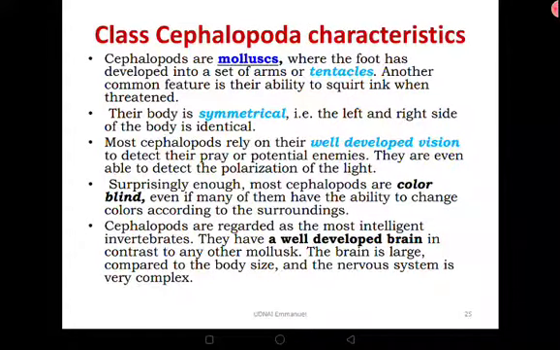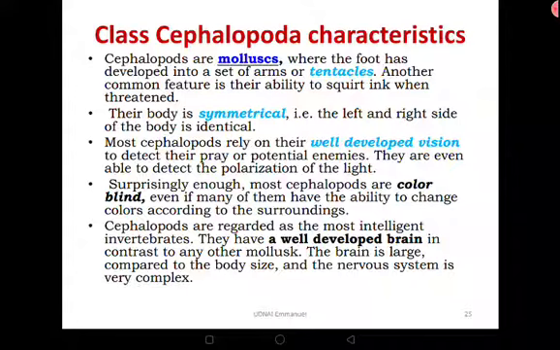So another class there is class Cephalopoda. The members are called cephalopods, and these ones include the much more developed and more cephalized members of phylum Mollusca.